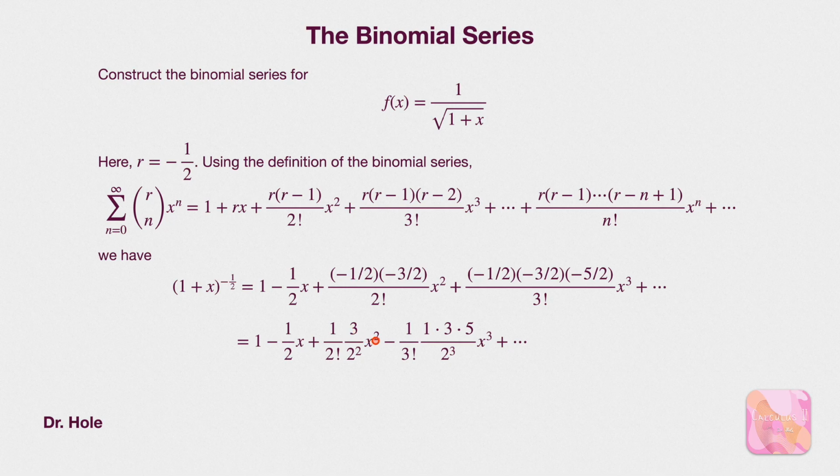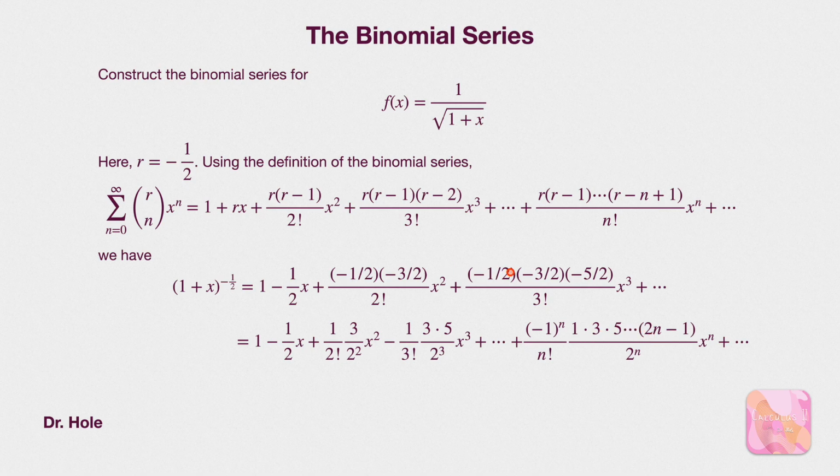And this is occurring in the degree 2 term. If we take the degree 2 and multiply by 2, subtract 1, we get 3. Next term, we take the degree 3, multiply by 2, subtract 1, we get 5. So we can use that in our expansion of this numerator.